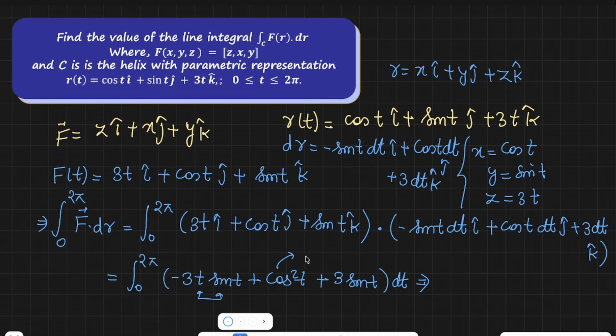Whenever you have sin square or cos square, then you have to apply this formula. Okay, so this is basically cos 2t. Cos 2t is basically 2 cos square theta minus 1, and it is also 1 minus 2 sin square theta.